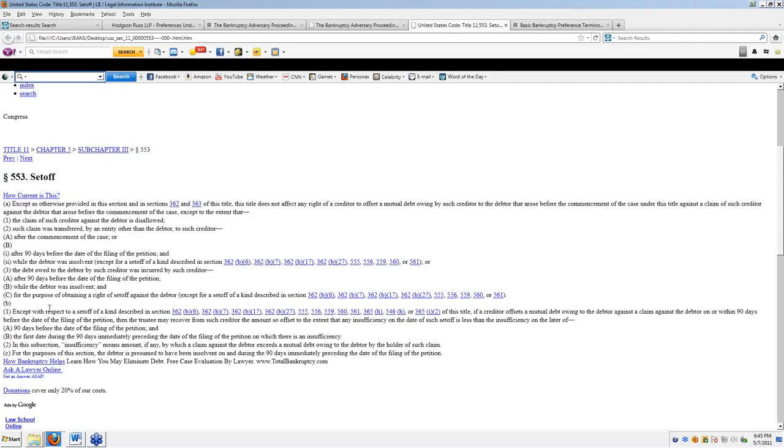The Treasury regulation that governs the Bank Secrecy Act is Treasury Regulation 103.11.